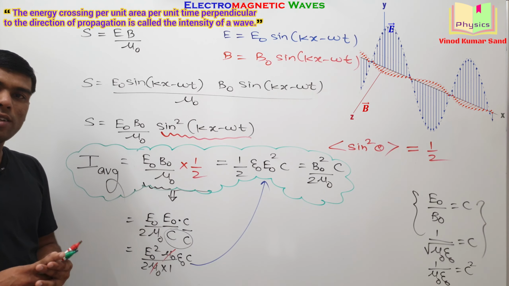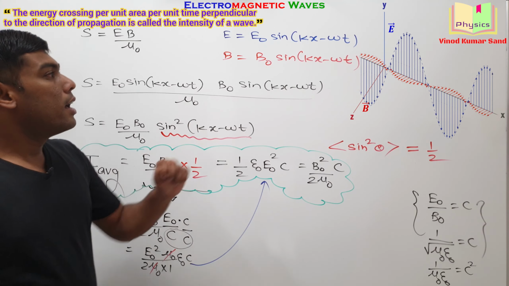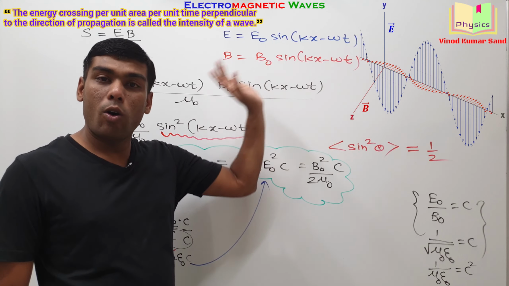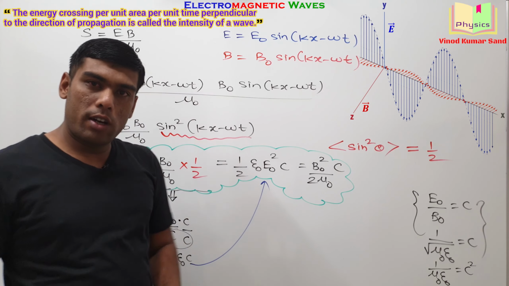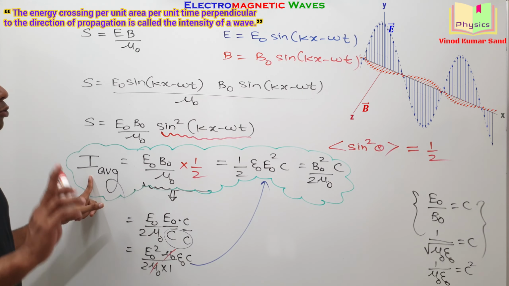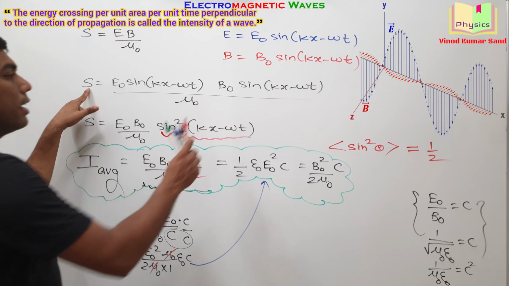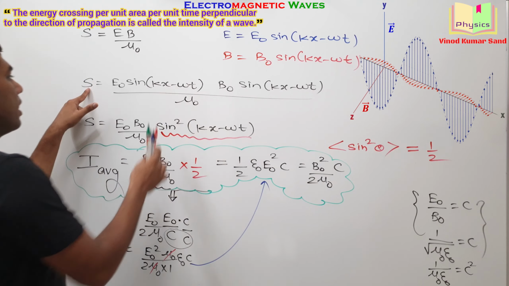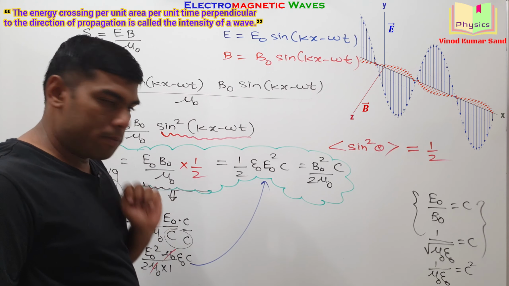Whenever in the question there is the term intensity, we should think about the average intensity. Actually, the electric field and magnetic field both are oscillating, and they are oscillating at a rapid pace. So generally we'll take up the average values only. If you need intensity at a particular moment of time, then you should put here that value of time, you should put the value of x, and then you'll get the intensity at a particular moment of time.